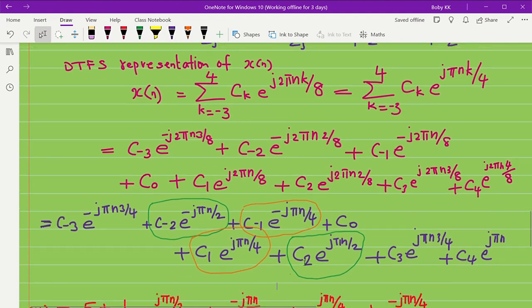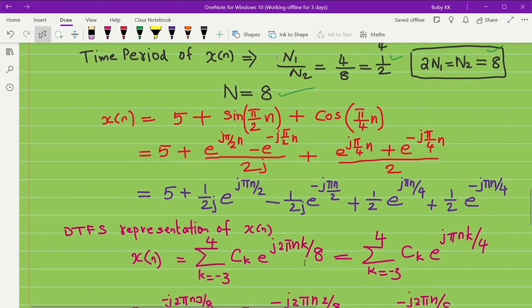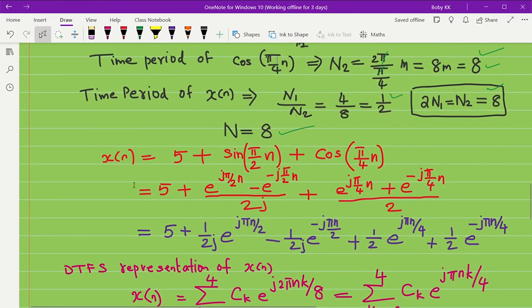Now, in order to find the discrete time Fourier series representation, we can expand the given signal x of n. We have x of n equal to 5 plus sine pi by 2 into n plus cos pi by 4 into n.